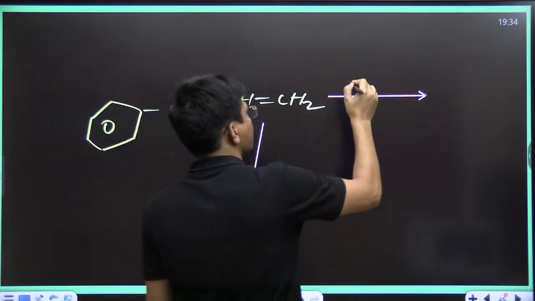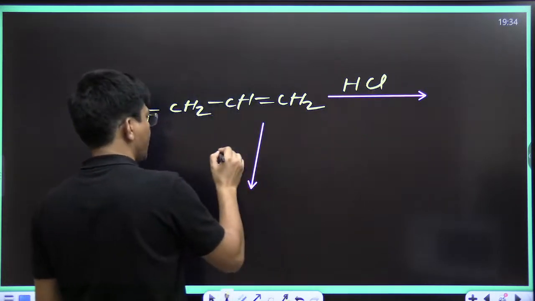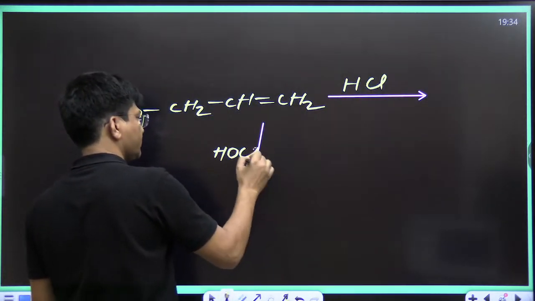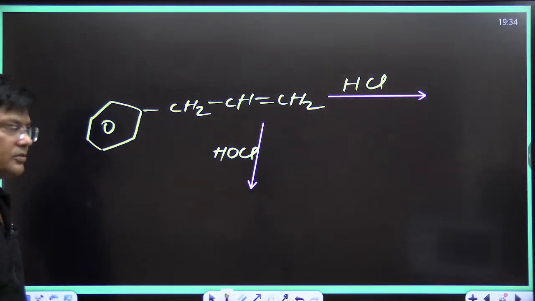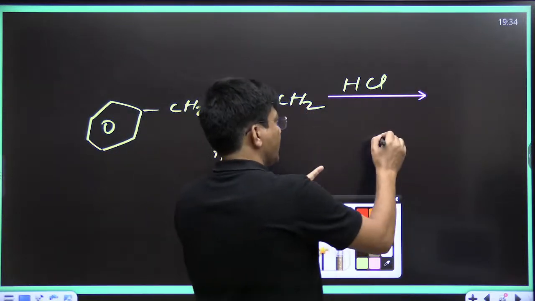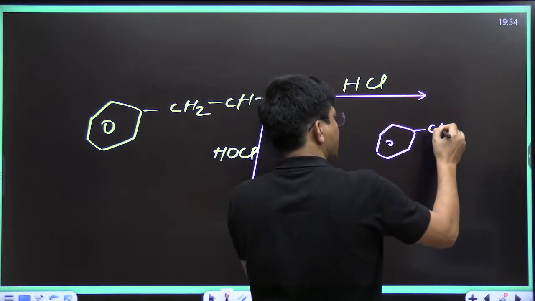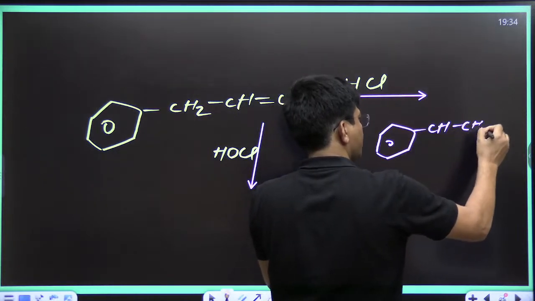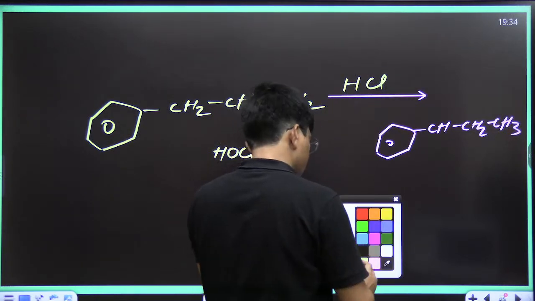In one way, I react with HCl, and in the second way I react with HOCl. Now what do you think? Is there any difference in the two reactions? Yeah. Here the major product will be like this, CH, CH2, CH3.